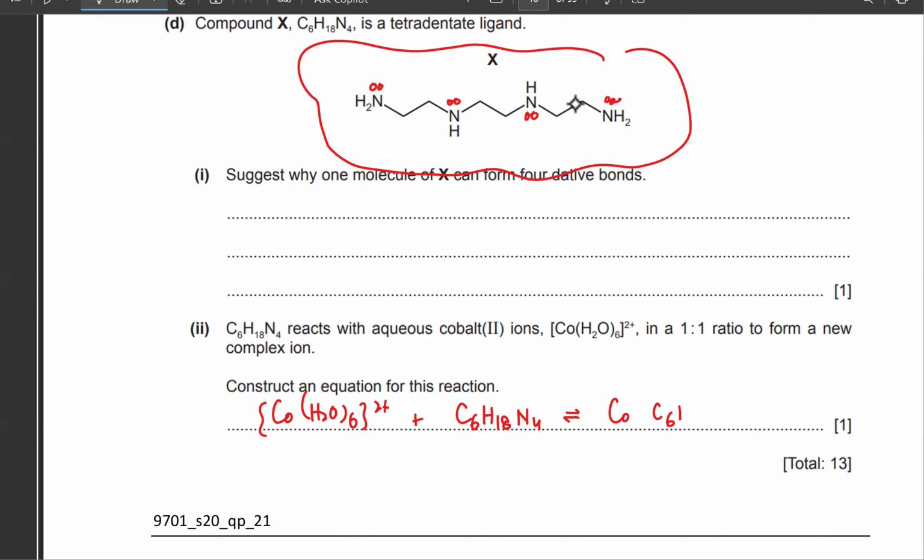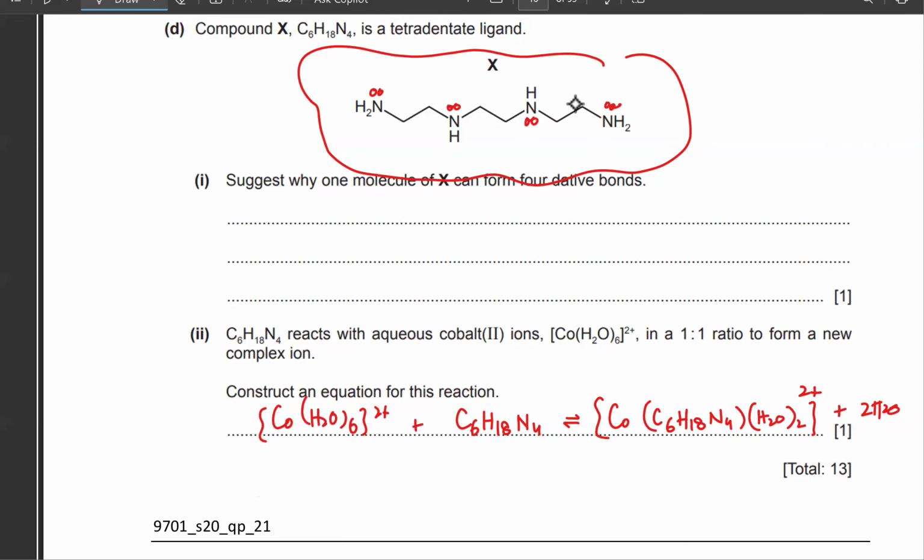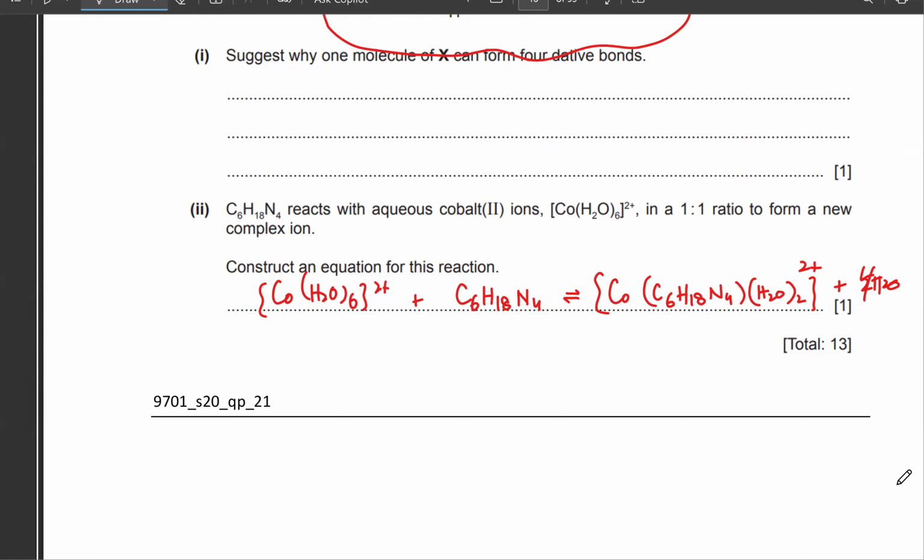So C6H18N4, and there'll be two H2Os left. Remember this would form four dative bonds, so you don't need four water molecules anymore. So four of them would be gone, four over here, sorry. Okay, is this clear? Yes, sir.